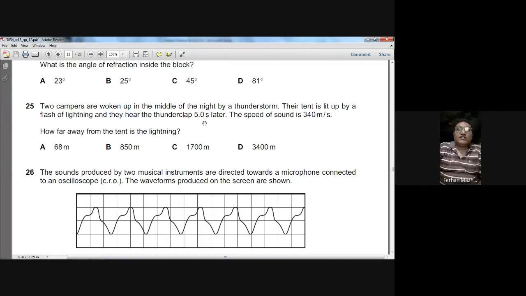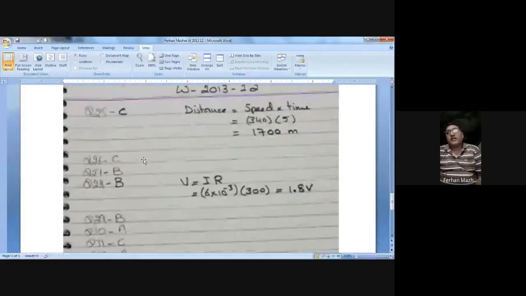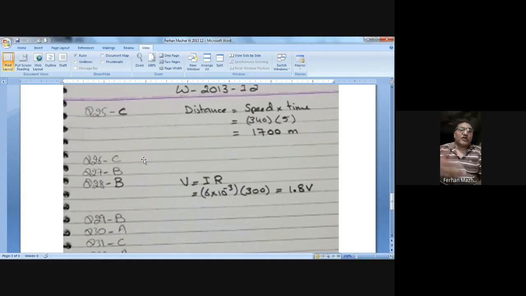So just multiply 5 and 340 meters per second, and you get that distance. I have done this on a paper. Let me show you. On your screen, the question is showing distance is equal to speed multiplied by time. So it will be 340 multiplied by 5, and the answer will be 1700 meters. So C is the option.